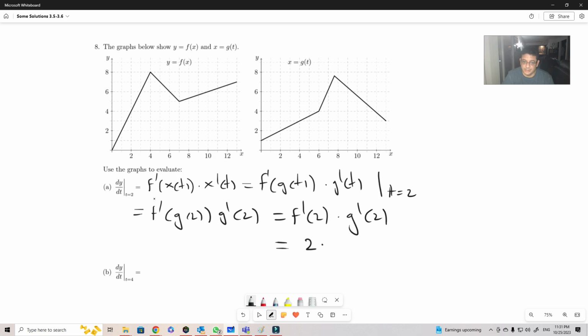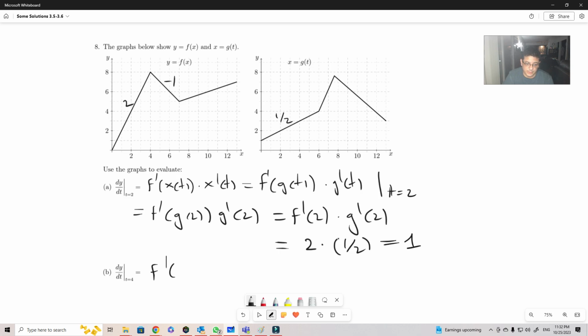And this slope is 1/2. As you can see, in 0 is 1 and in 2 is 2. So doing the calculations for the slope, this is going to give me that this is 1/2. Okay, this is 2, this is -1, and so on and so forth. So this is 2 times 1/2, which is 1.